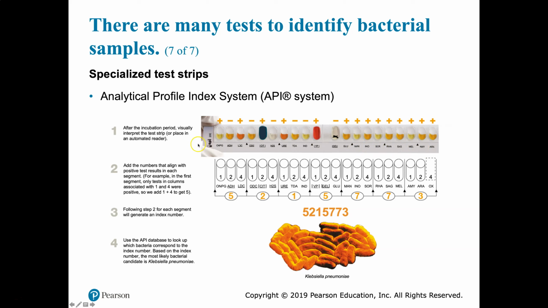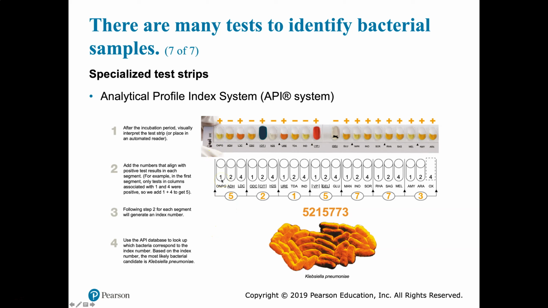So it's testing for a whole bunch of different things at once. This is a very useful tool, and it is one of the best ways to identify unknowns, because each organism is going to have a distinct reaction or non-reaction to all of these tests.